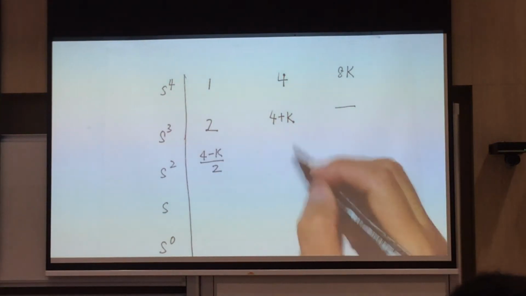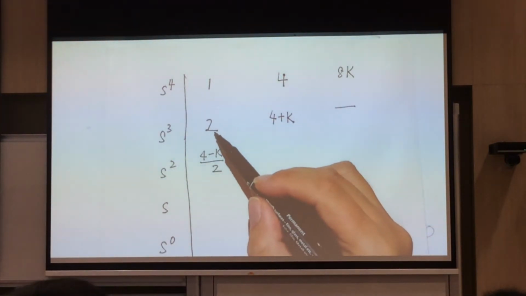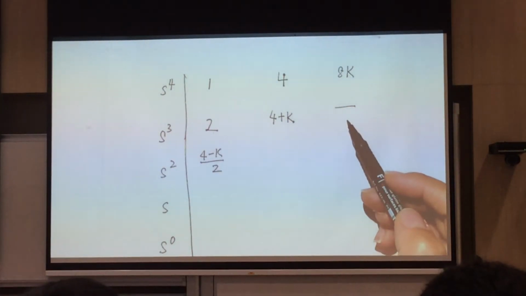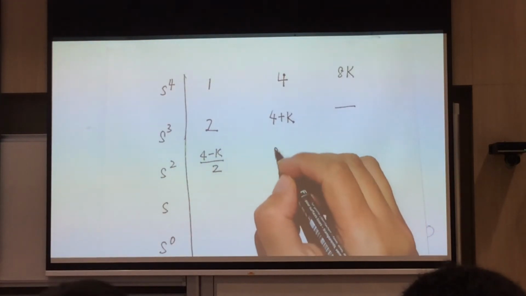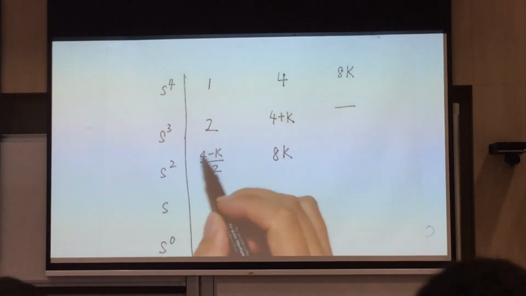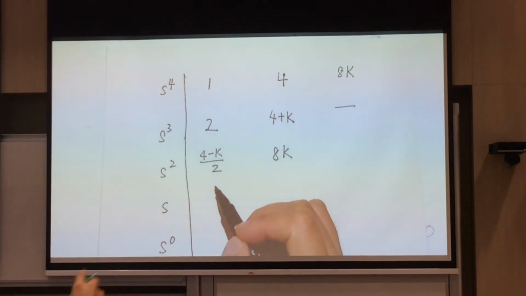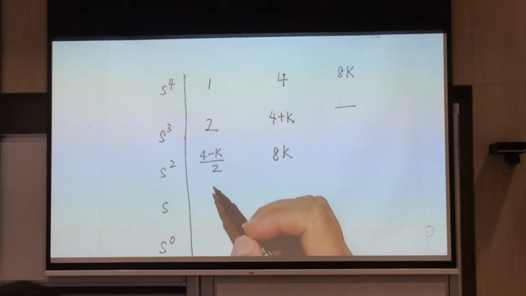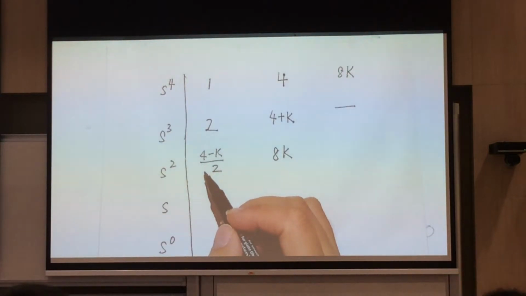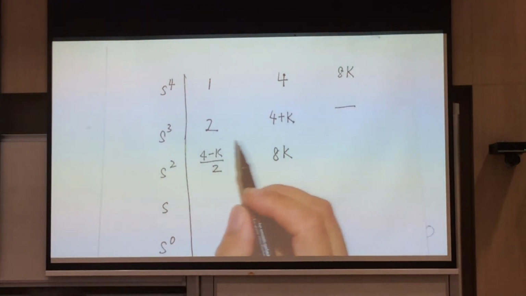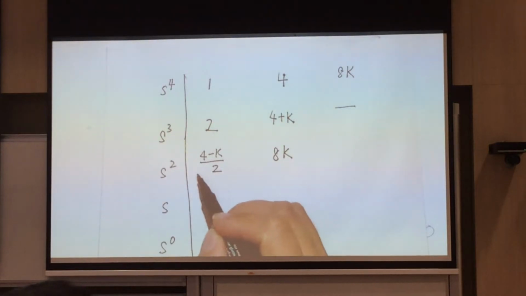For this part, same here, you look at 2 times 8k minus 1 times nothing over 2. Then we look at this part: 4 minus k over 2 times (4 plus k) minus 2 times 8k over 4 minus k over 2.